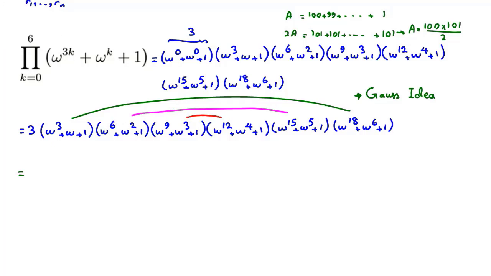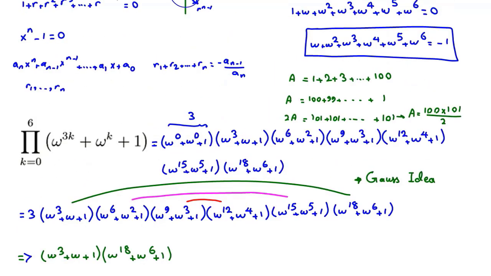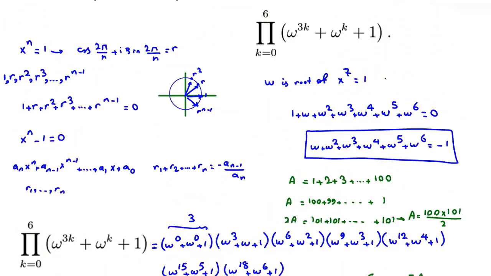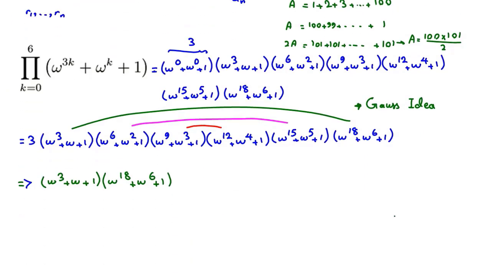So let's see. At first, I calculate the green one. That means w cubed plus w plus 1 times w18 plus w6 plus 1. We know w is a root of x to the 7 equal to 1, so w to the 7 is 1.